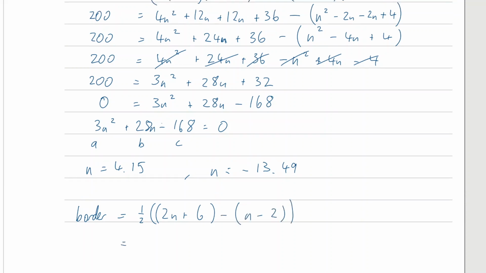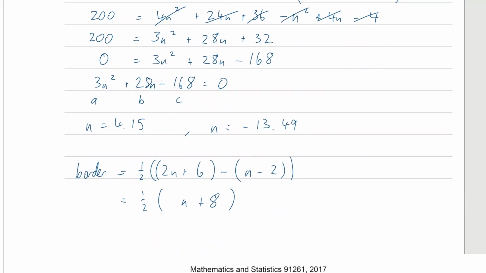So that will become 2n plus 6 minus n. So 2n minus n is n. Minus negative 2 is plus 2, so that's plus 8. Right, have we found the border width? No. Right, we need to substitute in n. Now we got two solutions because we had a quadratic equation, so that's what we expected.